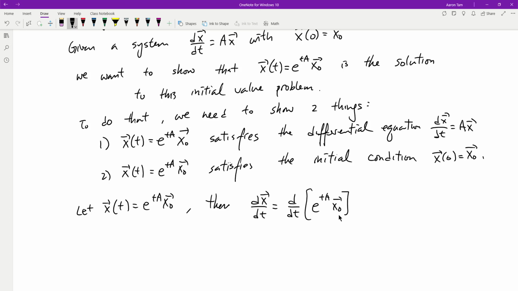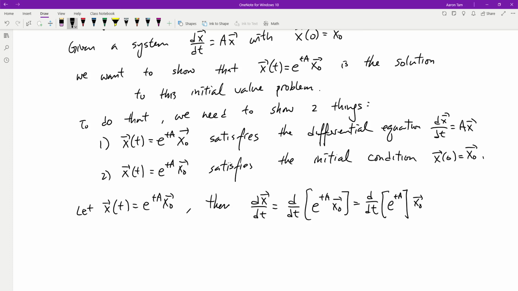Remember, vector x sub 0 is a constant vector, so I'm going to move that out of the derivative. But here's the important part. Because matrix multiplication is not commutative, I have to move it out in the same order as the multiplication indicated. So I have to move it out to the back. I cannot put it in front because that would screw up the matrix multiplication.